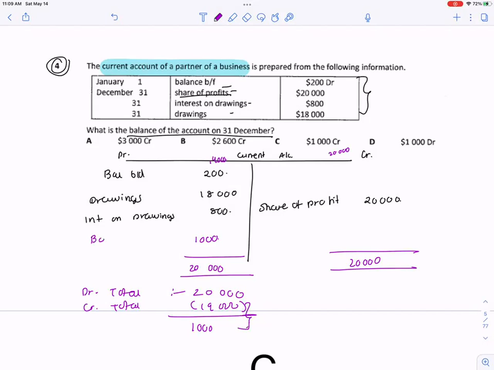What is this? Balance carried down. This is balance brought down. Balance brought down is on which side, debit or credit? Credit. So what would be the answer? 1,000 credit, C. I hope you all have prepared the account. If not, I will wait for you all.